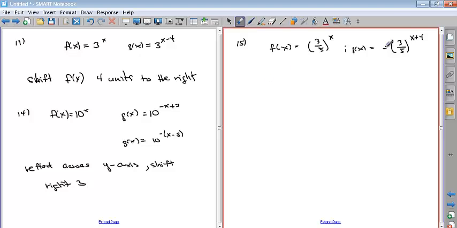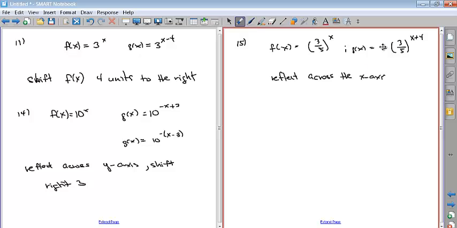Because the negative sign is here instead of in the exponent, we're going to reflect across the x-axis.